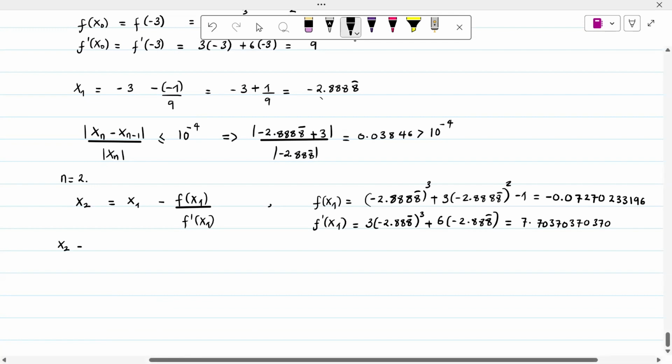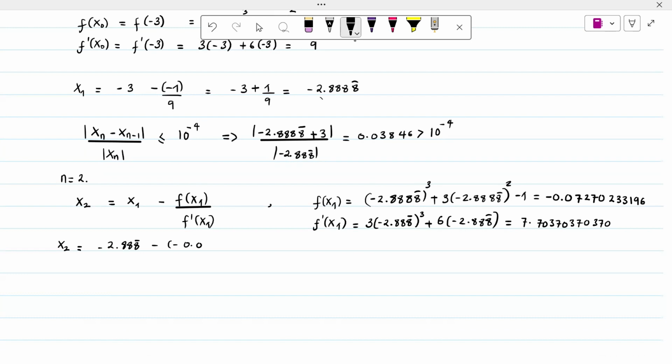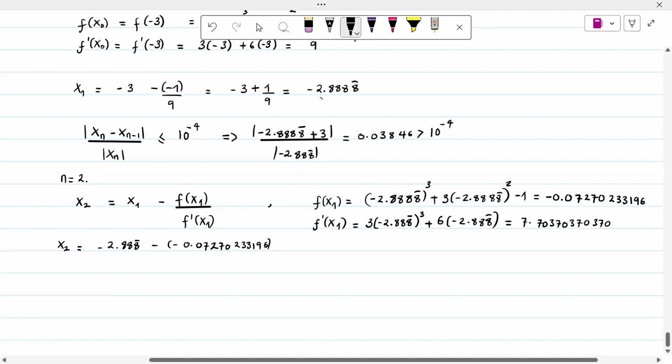So x2 is equal to x1, remember that x1 was negative 2.888 repeated, minus f of x1, this is the negative 0.07230233196, divided by this, which is 7.70370 somewhere there.